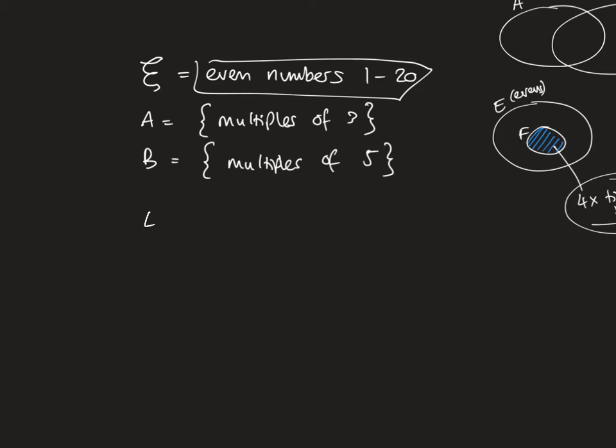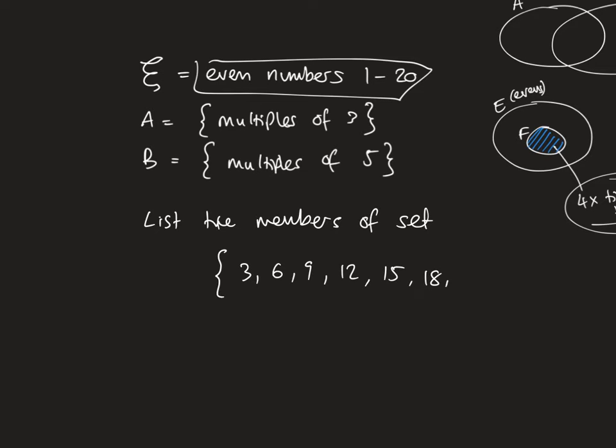So what the question might ask is, say, list the members of set A. In this case, if we were doing multiples of 3, we might get 3, 6, 9, 12, 15, 18, and say 21 or something like that.